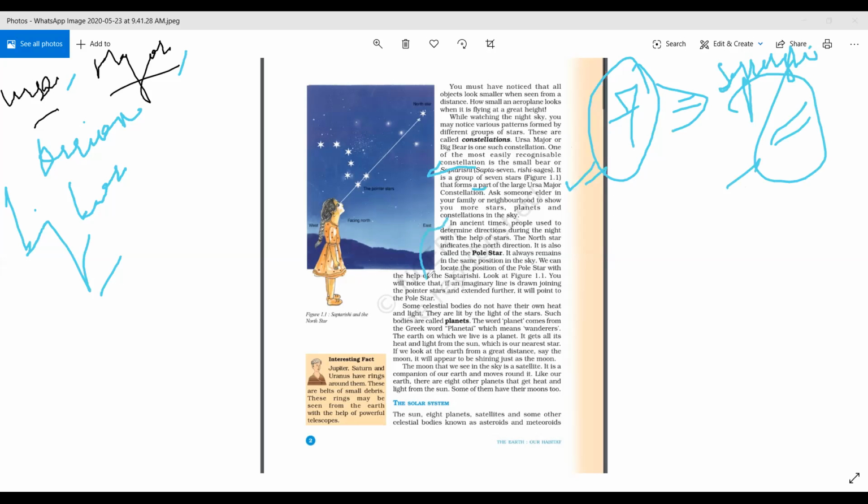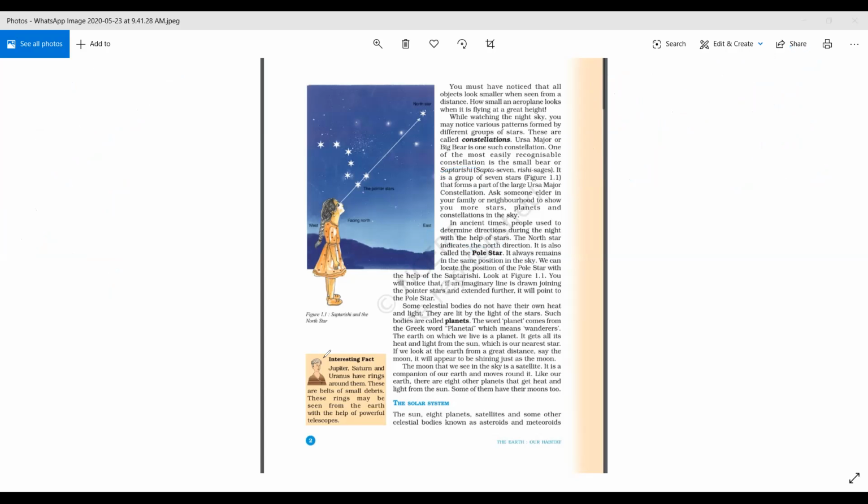Now here, in ancient times, people used to determine directions at night with the help of the stars. The north star indicates the north direction. Now, in the ancient time, if the people did not know where to go, how did they find where to go?